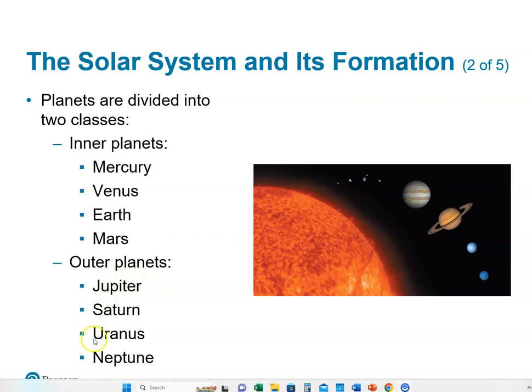But by the way, all of the outer planets have rings, not just Saturn. Of course, the rings of Saturn are very apparent because you just look through a small pair of binoculars or a small telescope, and you can easily see the rings of Saturn. The rings are made of icy material, and in fact, that's why we can see them.